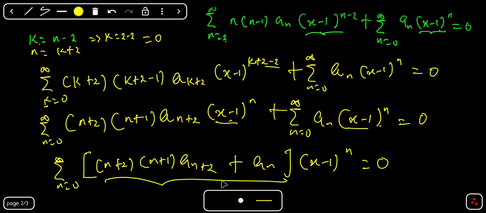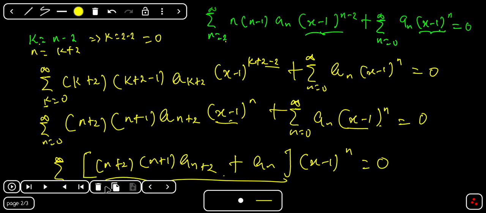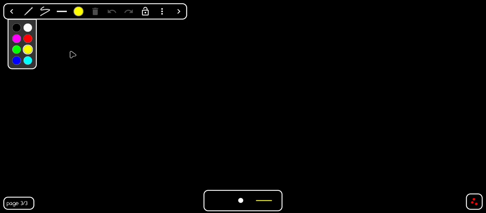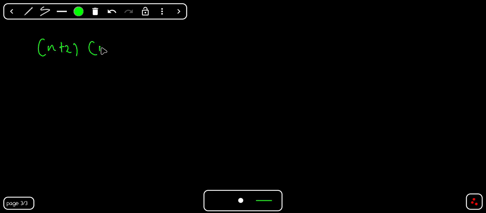That is, we're going to equate this coefficient to be 0. So if we equate the coefficient to 0, we're going to have the following: n plus 2 multiplied by n plus 1 multiplied by a n plus 2, then plus a n equal to 0.